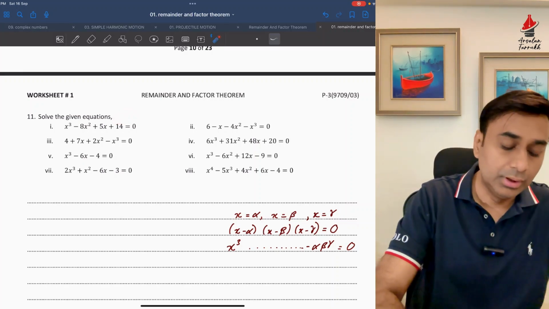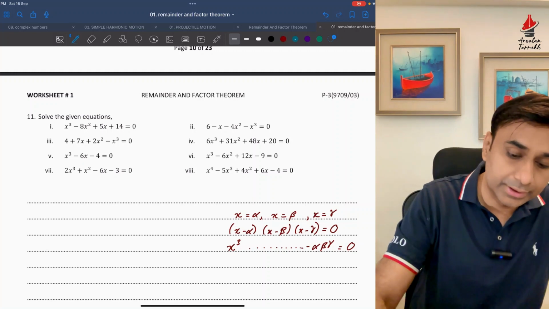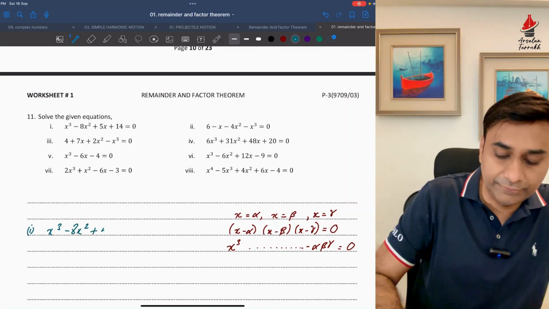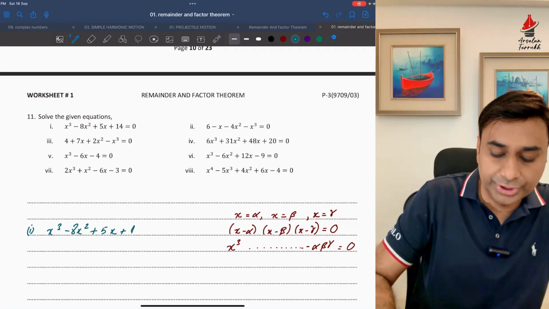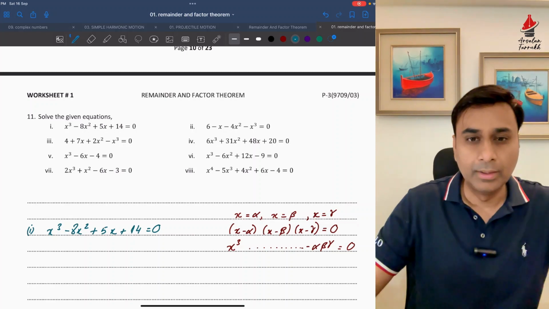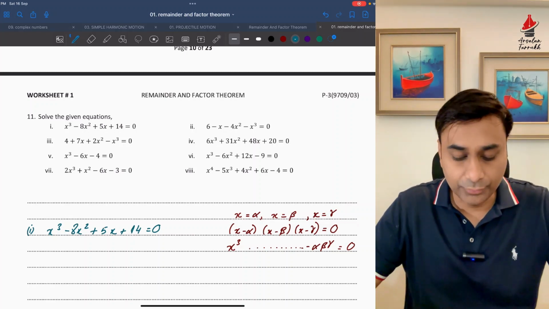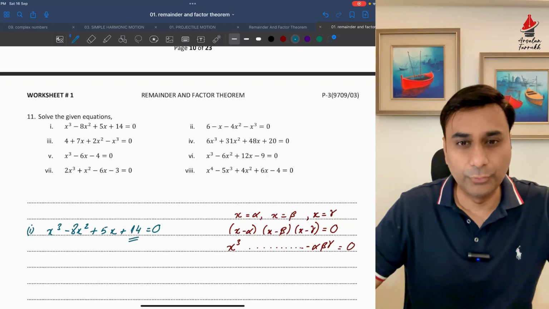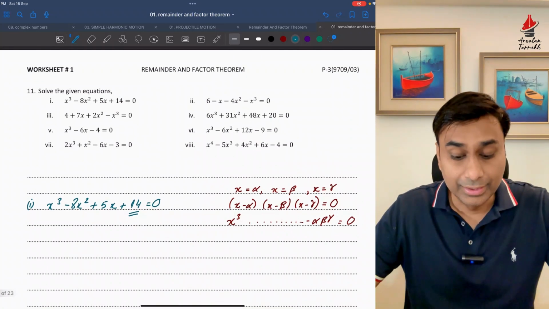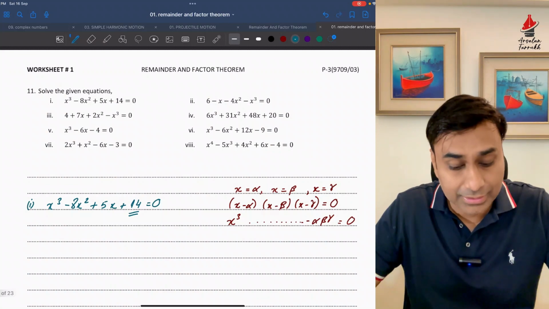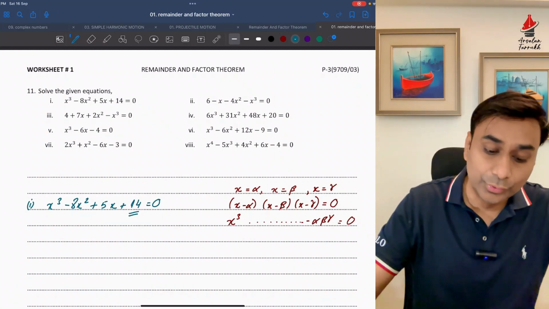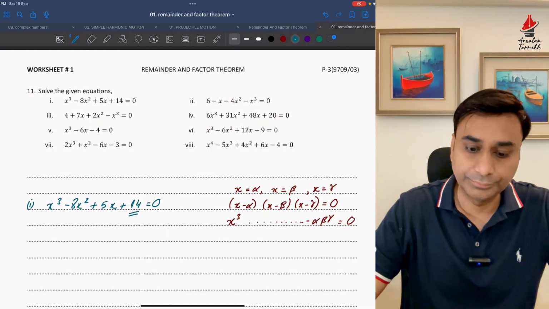For example, if I begin to solve this equation, x cubed minus 8x squared plus 5x plus 14 is equal to 0, the first thing I would know is that the last constant term, which is 14 over here, the factors of this constant term must contain the roots of this particular polynomial.